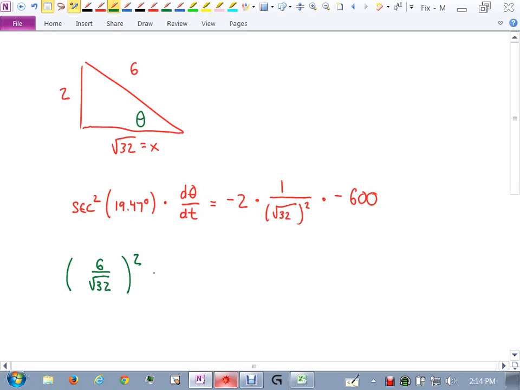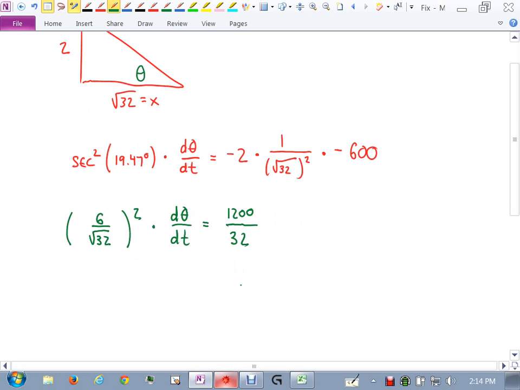Then times d theta/dt equals, over here, what do we have? 1200 over 32. Let me square the left side here. This is 36 over 32 times d theta/dt equals 1200 over 32.